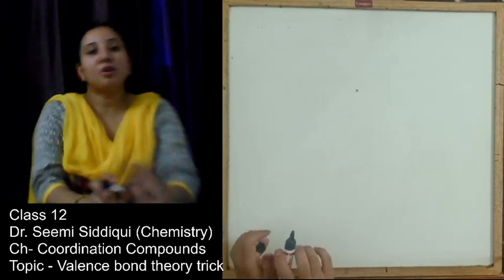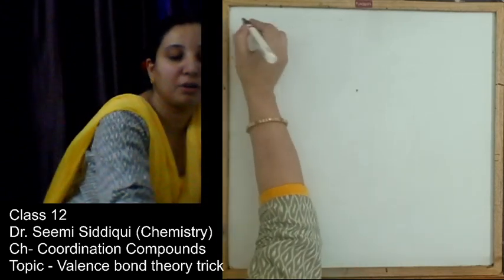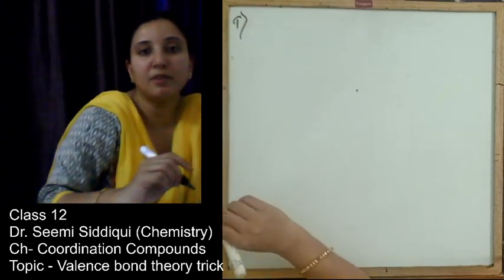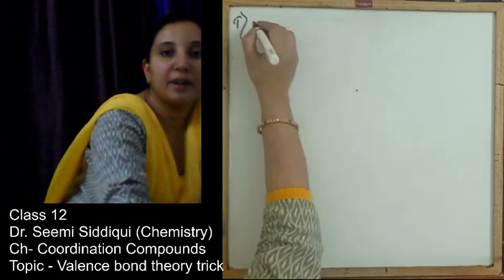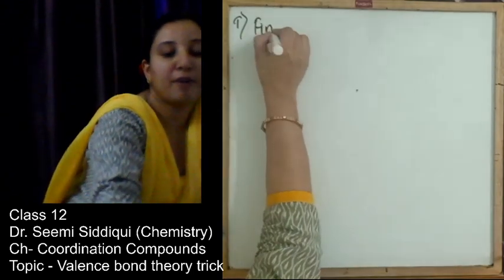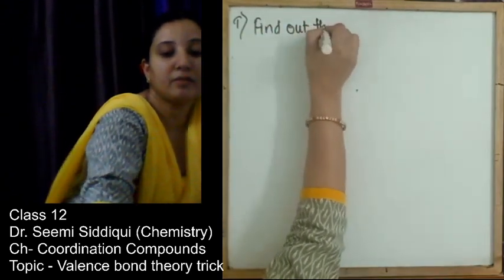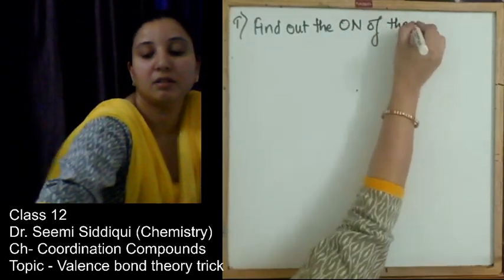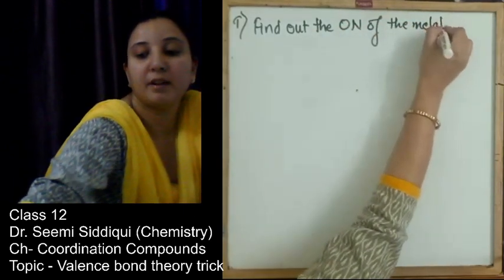Now, to solve for the valence bond theory, we need to keep two things in mind. The first thing is what? Whenever you get a complex, at the first step, find out the oxidation number of the central metal ion.